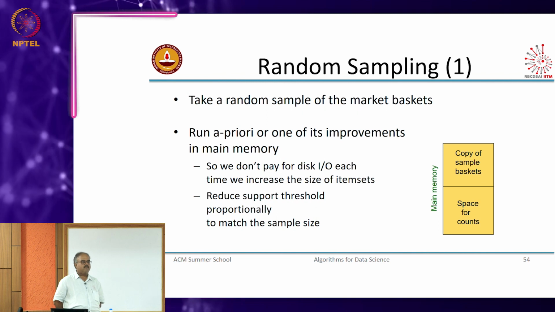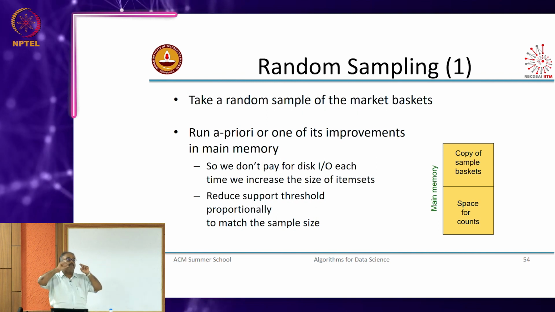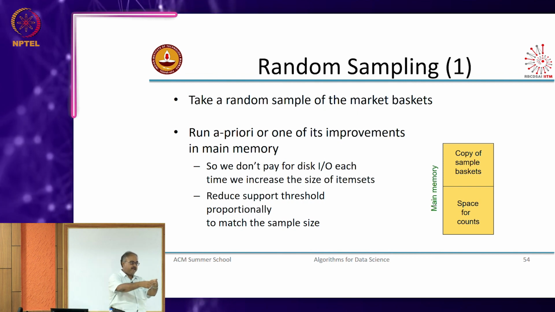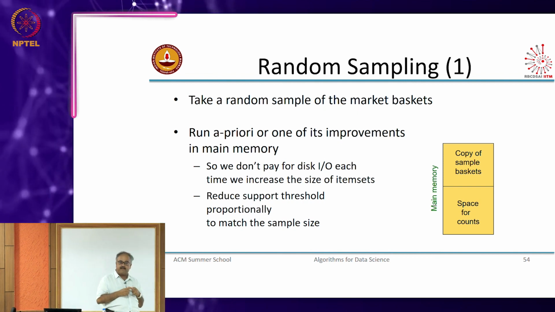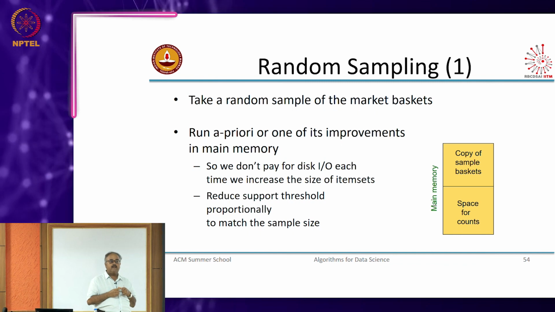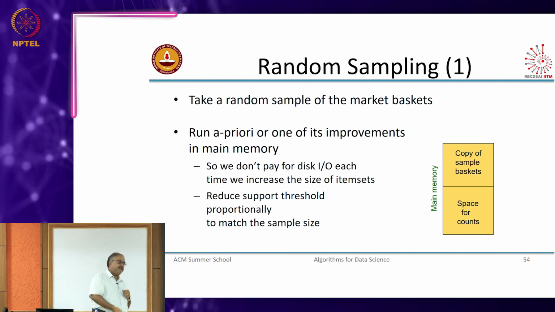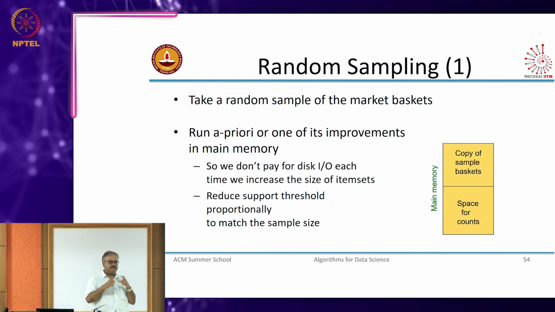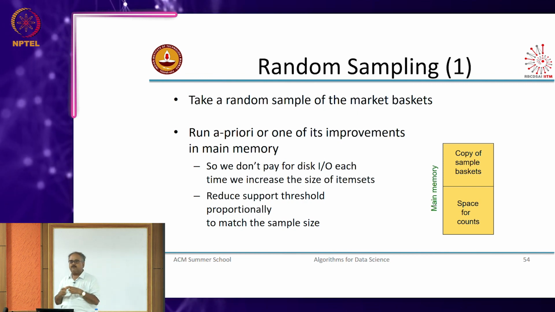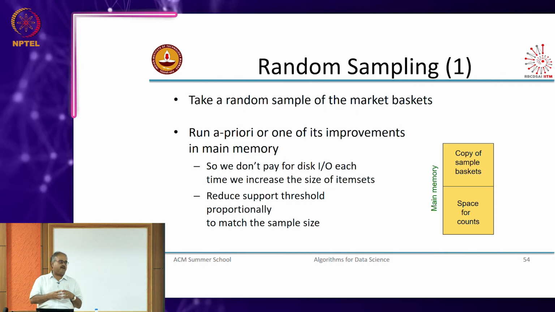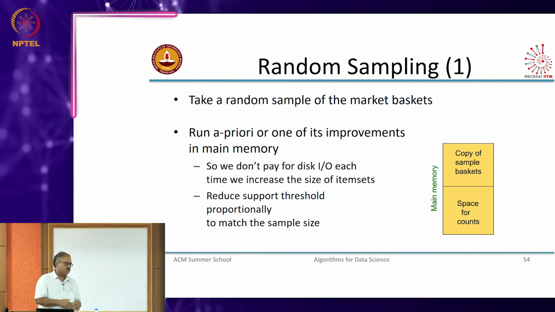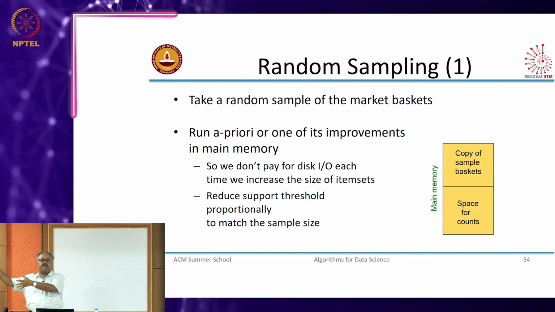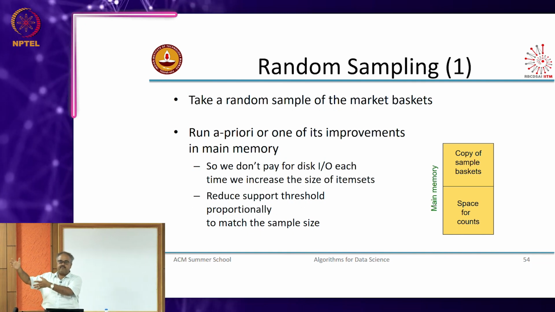No. When you take the random sample and run Apriori on it, what this Apriori returns as the frequent item sets are your candidate item sets. You run it on only 1/100th of the data with 1/100th of the threshold, but that does not guarantee that these will actually meet the threshold s in the full data.